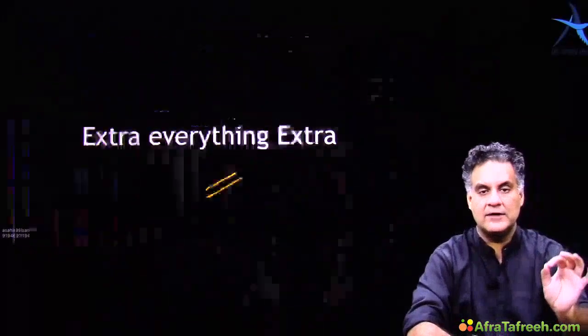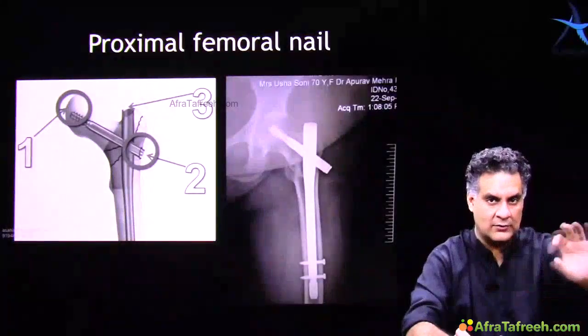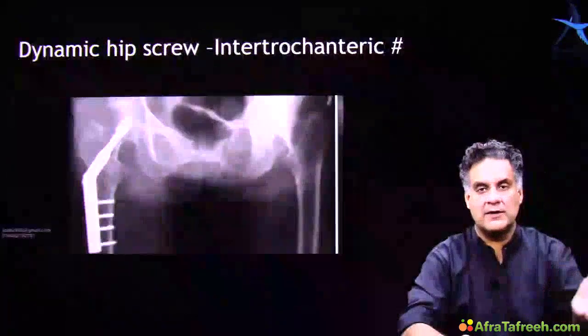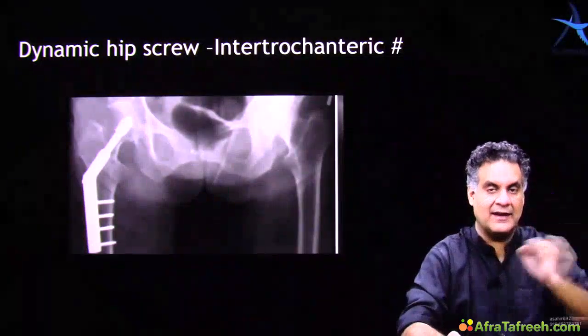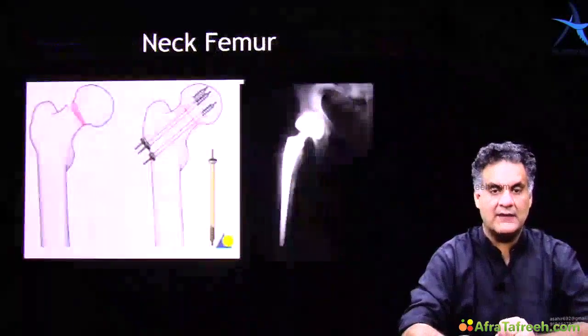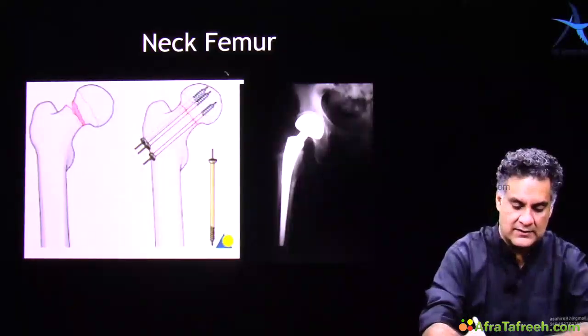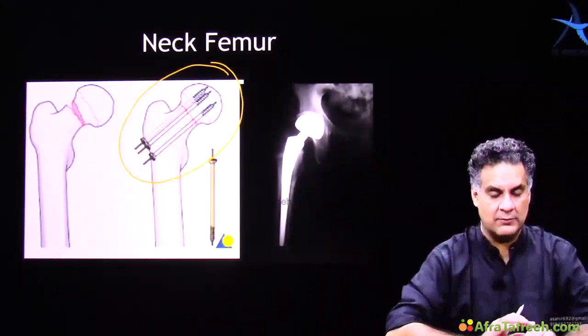When we look at the treatment, extracapsular fracture is simple. You put a nail along with a screw called a proximal femoral nail, now the preferred treatment, or you can also put a dynamic hip screw along with a plate, and as the bone unites, it slides on. Whereas the neck femur is also called an unsolved fracture. In patients less than 65 years of age, with a fracture less than 3 weeks old, you just put the screws.